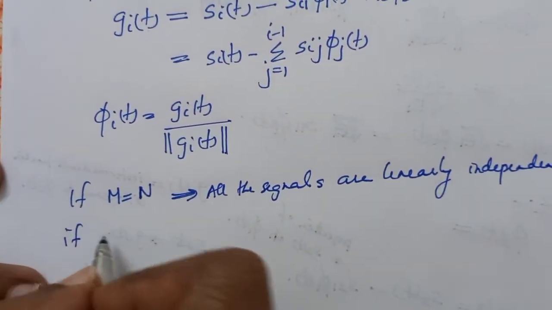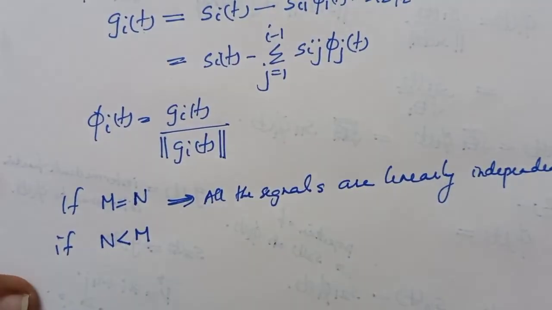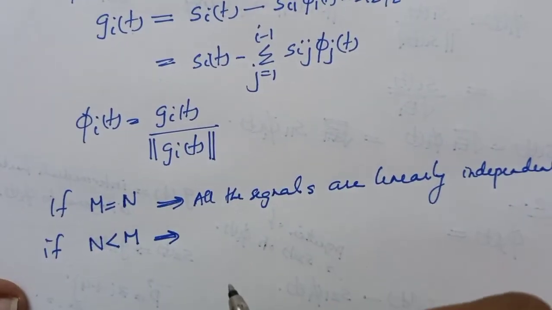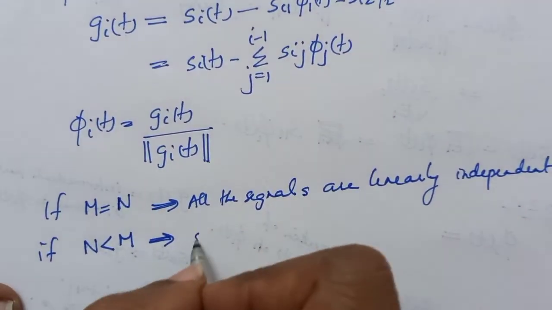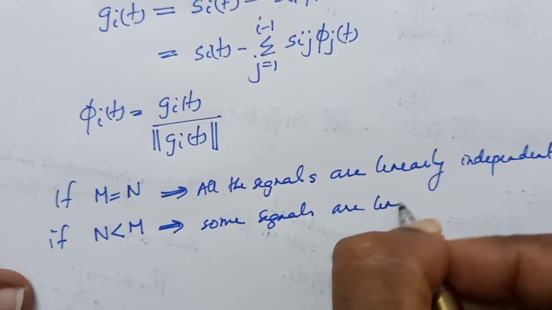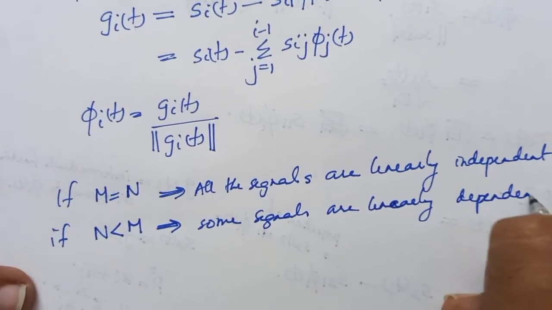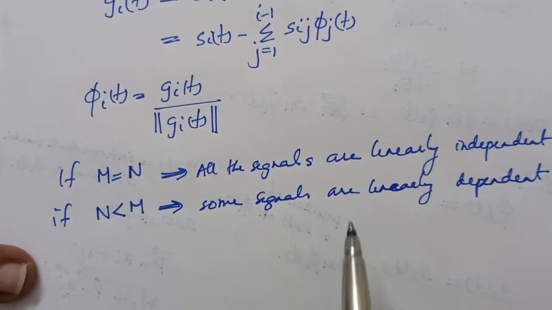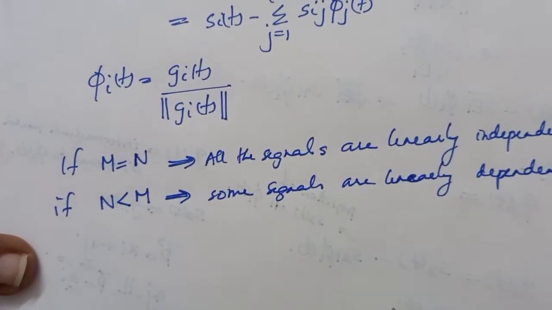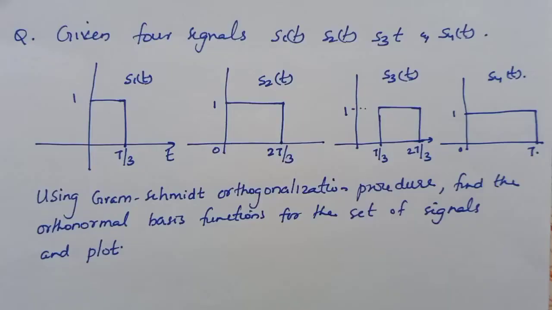If N is less than M, then we can say that some signals are linearly dependent. That means for some signals, say gi(t) will be 0. Okay, so now we will proceed to the problem.